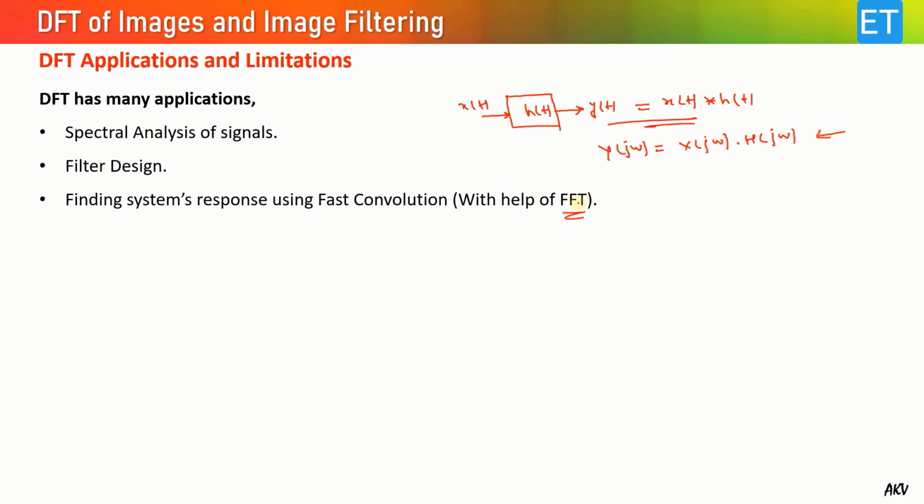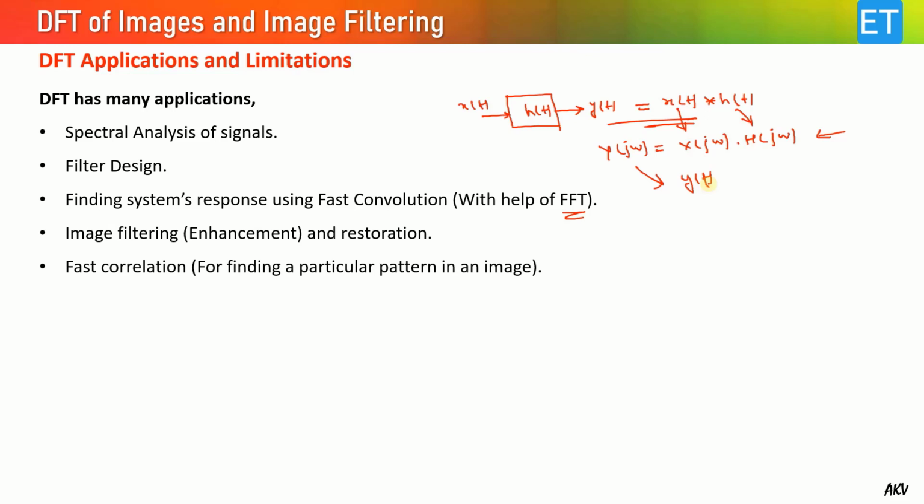With the help of the FFT, we just convert h(t) into H(ω), we convert x(t) into X(ω), we multiply them, and then we take the inverse transform to get our signal or response y(t). So this is how we can achieve the system response with the help of the DFT. And of course, we can apply various filters on images to get enhancements and restorations. And also we can achieve the correlation between two images.